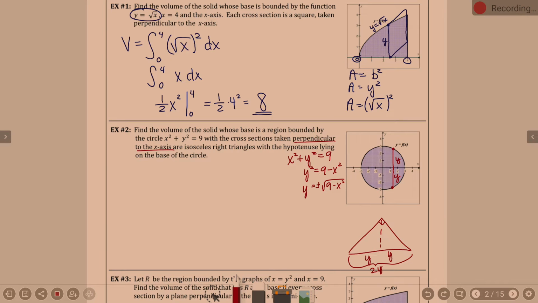Can't even read my own handwriting about what I was trying to do there. What kind of triangle was this? It was isosceles, right? Isosceles right triangle, which means technically this is a 45, 45, 90, yes.